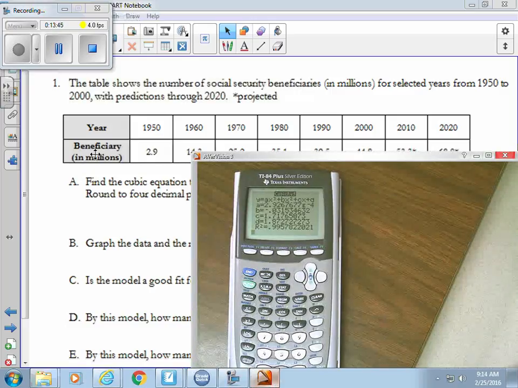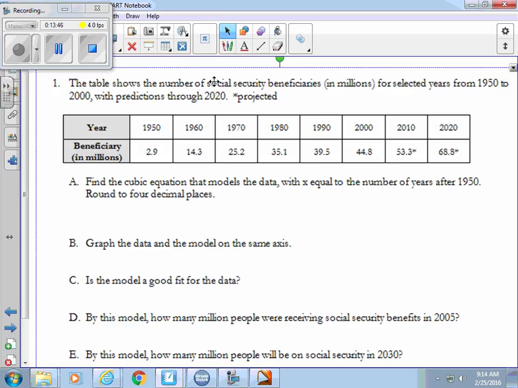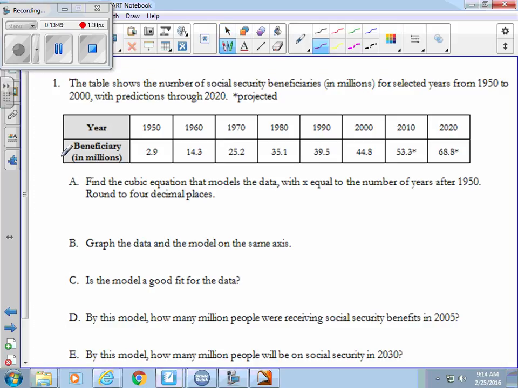So I'm going to write this equation on part A. I'm going to write y equals 2.927 x cubed. Does everyone see how I get that? So you have to go to stat, over to calculate, cubic regression, and then you put the Y1 here.